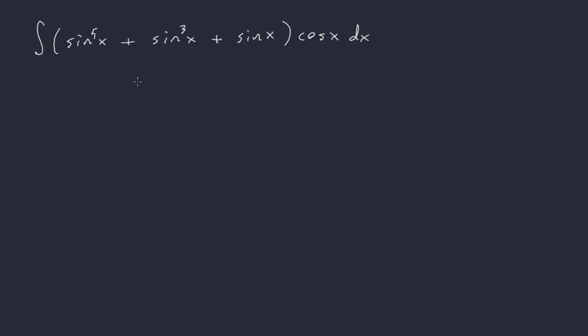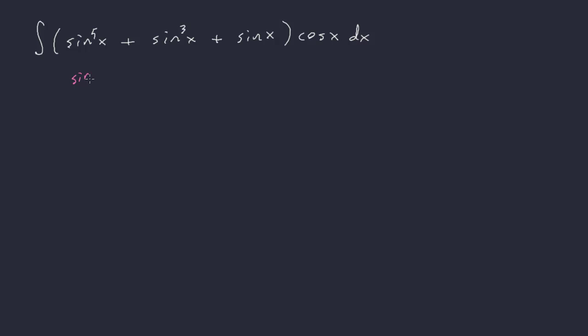All right, so for example, here, if we have the integral of sine to the 5th x plus sine cubed x plus sine of x, all times cosine x dx, we have stuff to the 5th, stuff cubed, stuff to the 1, and it's all the same stuff.